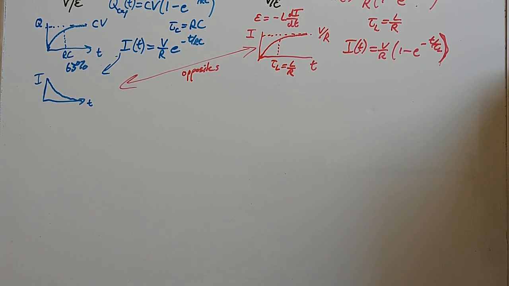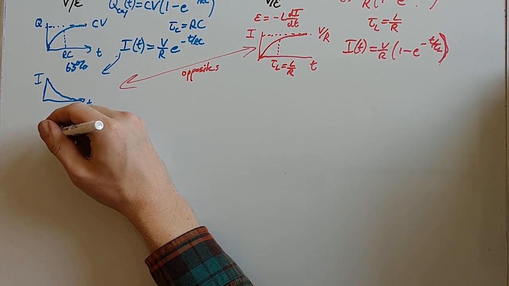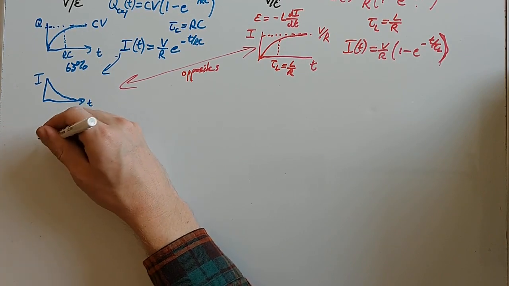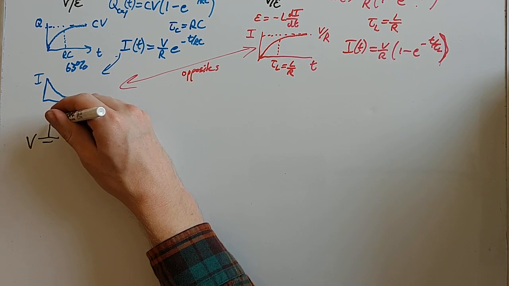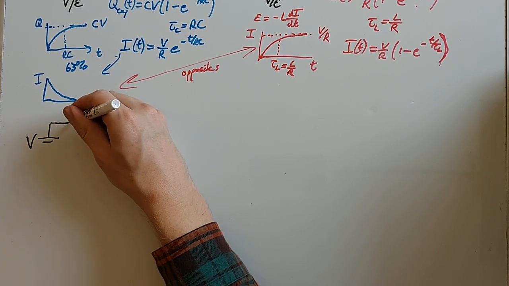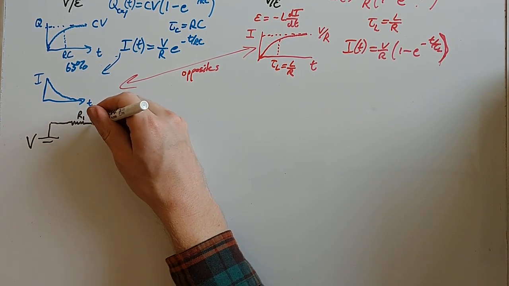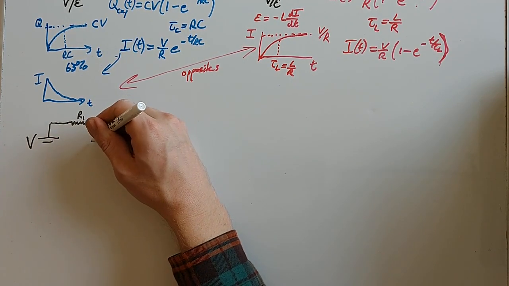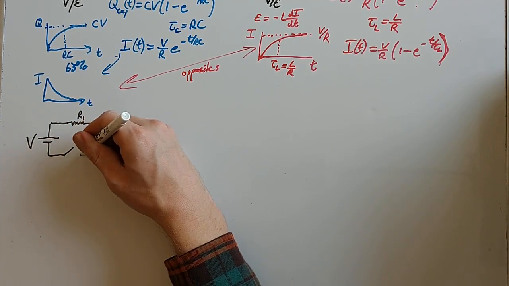First I will draw a circuit that has a capacitor in it. So we'll have some power supply, which gives us a potential V. Then we've got a resistor, R1, and let's put a capacitor in it like before. And we'll put a little switch in it like before.